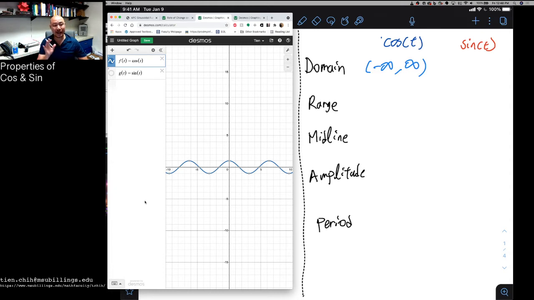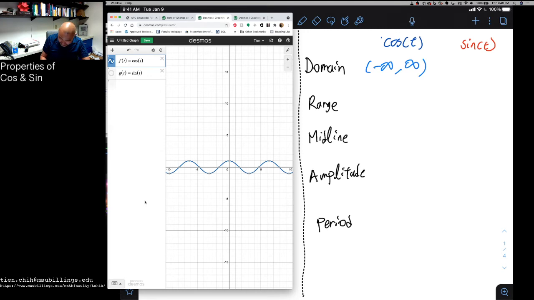Now, as far as the range goes, the range is how far forward or back you are in the circle as you move. Well, you can only be so far forward, because the circle is radius 1, you can't just go anywhere you want. You can only be at the rightmost point 1 unit to the right, and at the leftmost point 1 unit to the left.